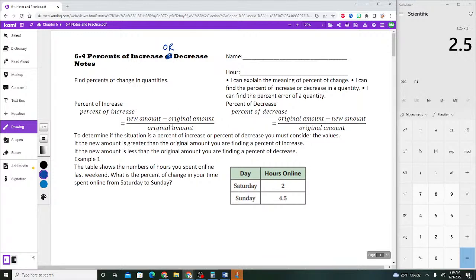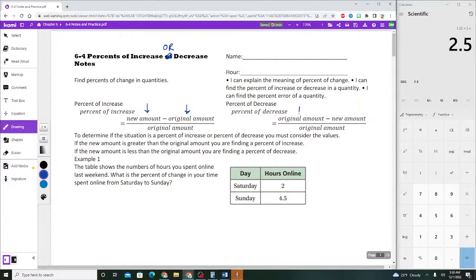Likewise, if companies have to do something to their prices or their salaries, they like to do it as the same percent decrease across the board, just to keep things, quote unquote, fair. So to determine if a situation is a percent of increase or a percent of decrease, you must consider the values. We have two formulas. In one, we have the new amount minus the original amount divided by the original amount.